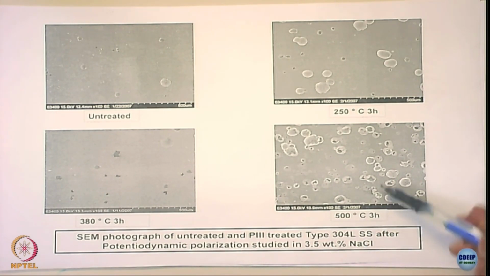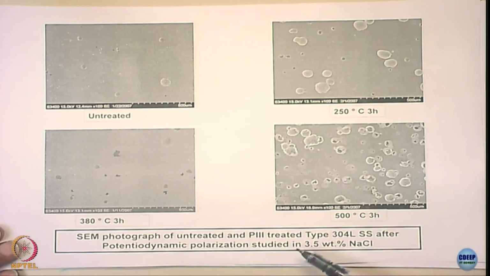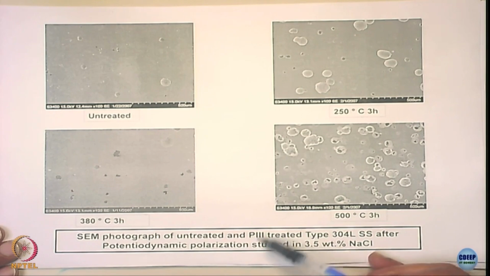So these are the kind of pits that happened in the case of 304L stainless steel, and this stainless steel was treated by a plasma ion implantation technique, okay, where you implanted nitrogen in the stainless steel.